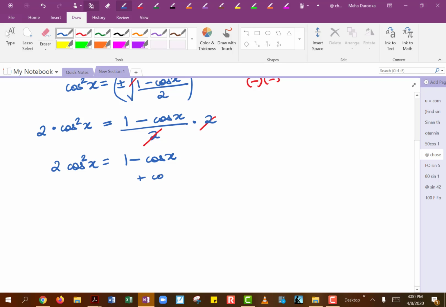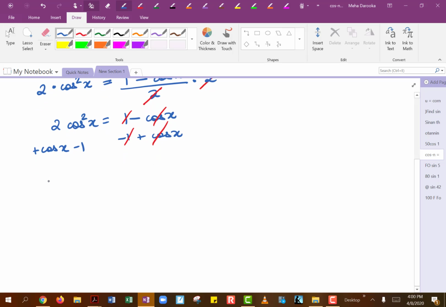So we'll start by adding cosine of x and then subtracting the 1 also. So these guys will cancel out, and we will be left with 2 times cosine squared of x plus cosine of x minus 1, and then of course everything becomes 0 on the right hand side.